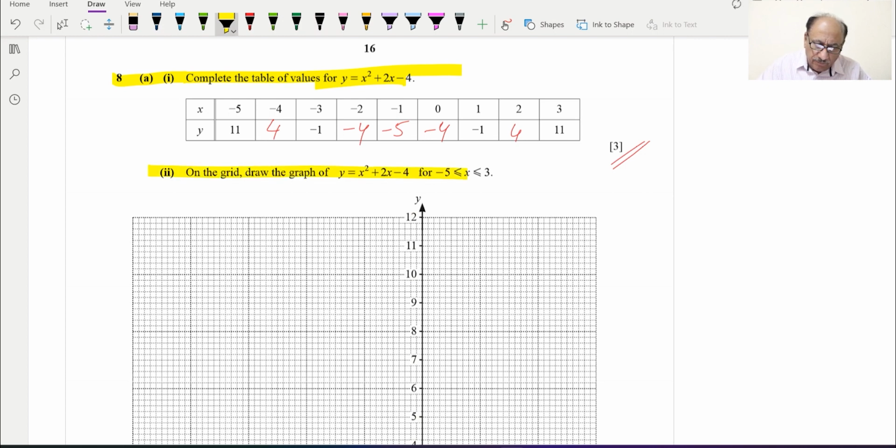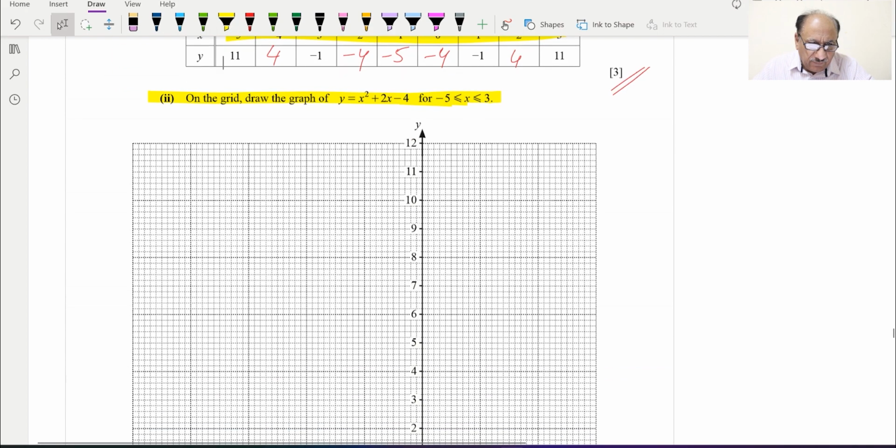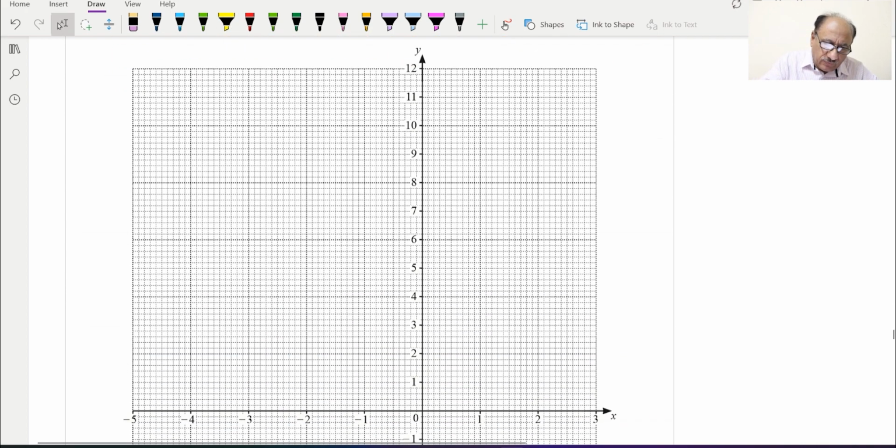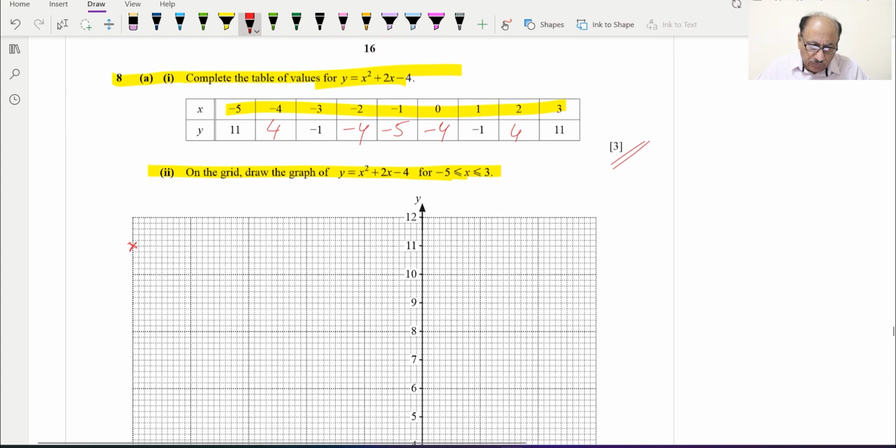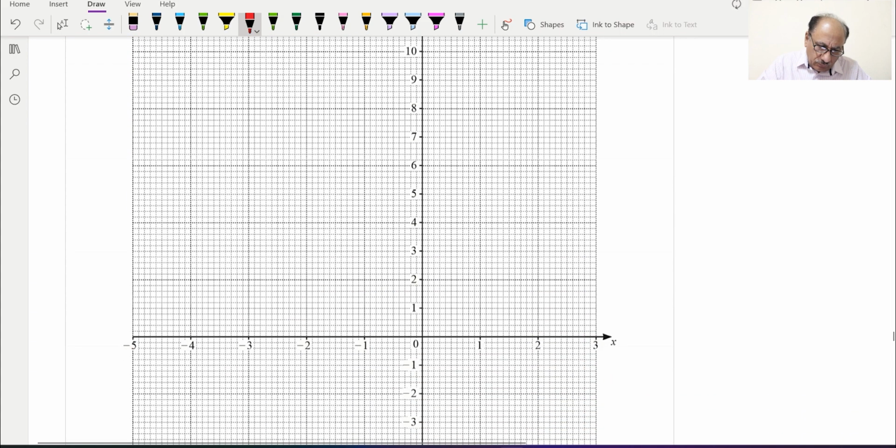Second part, on the grid, draw the graph of this from minus 5 to 3, for which we have the values, and we can plot them. Minus 5 and 11 is this point. Then minus 4 and 4 we also marked.